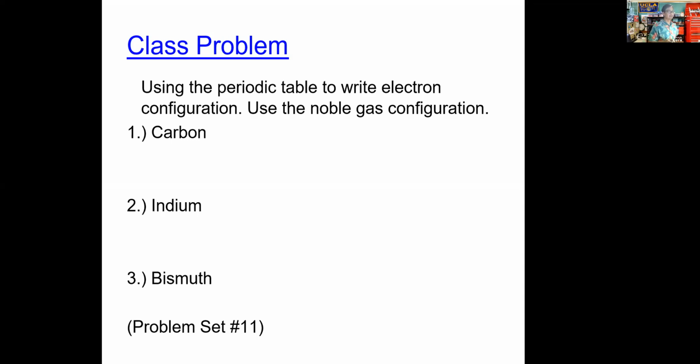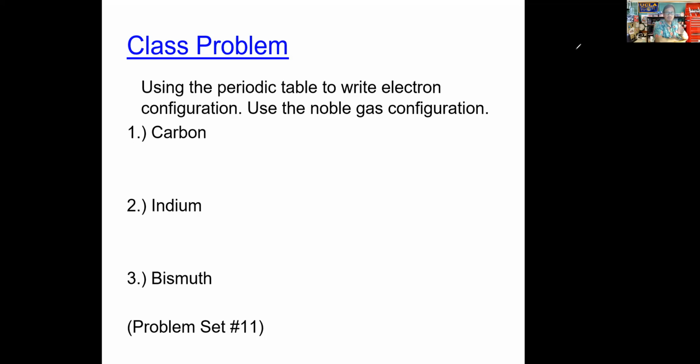They were asked to find the electron configuration. We're going to use the noble gas configuration here, not the expanded notation. So remember, we want to identify which square each one of these elements is located in, where these electrons are located on the periodic table, and then we're going to count squares, very much like what we did when we learned how to write electron configurations using the periodic table.